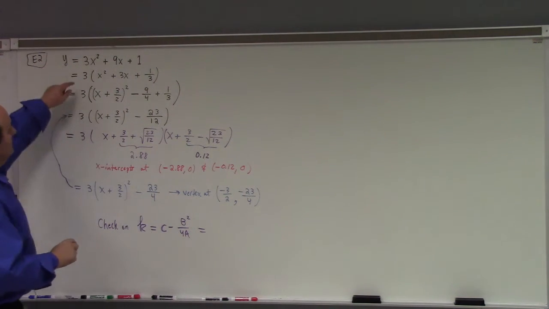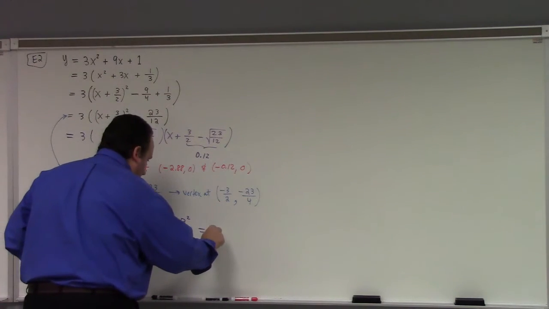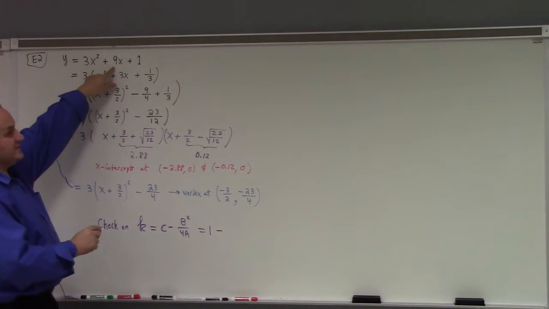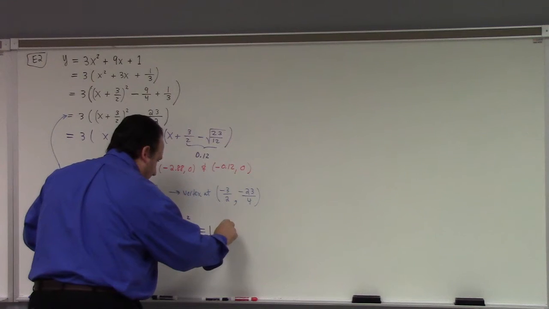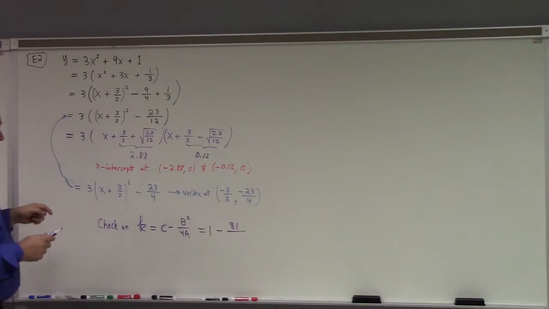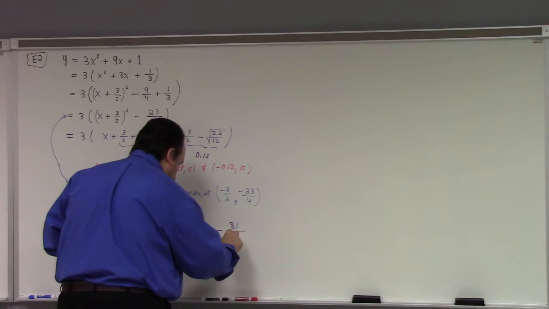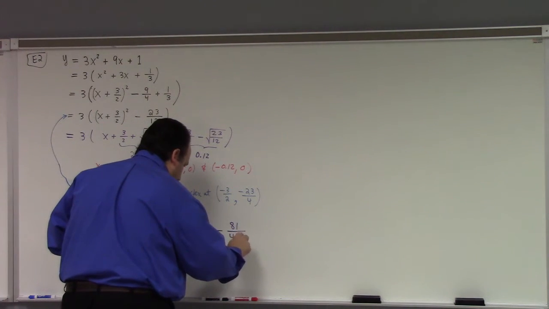Well, c is 1, and b is 9, right? So minus 9 squared, which is 81, over 4 times a, which is 3.